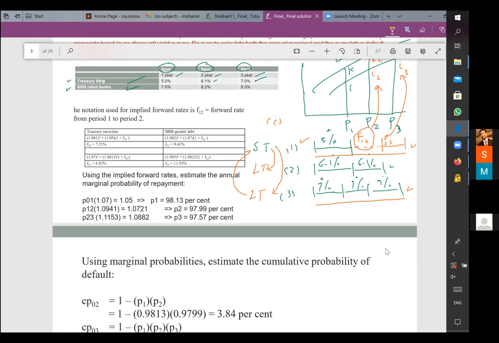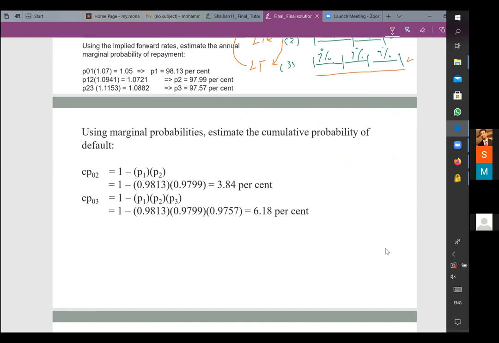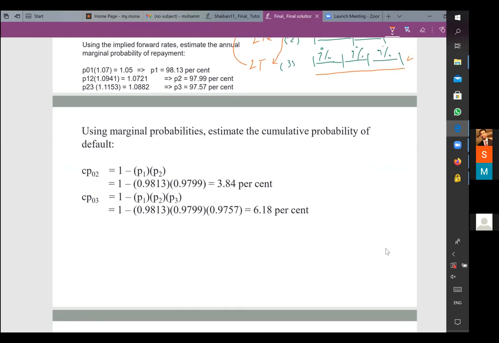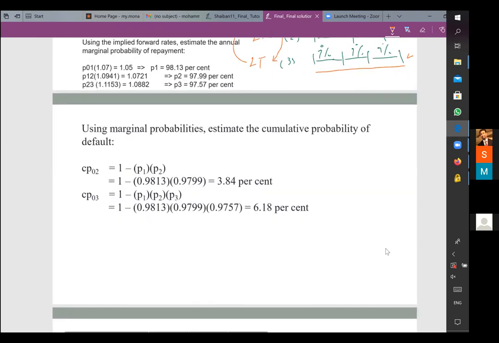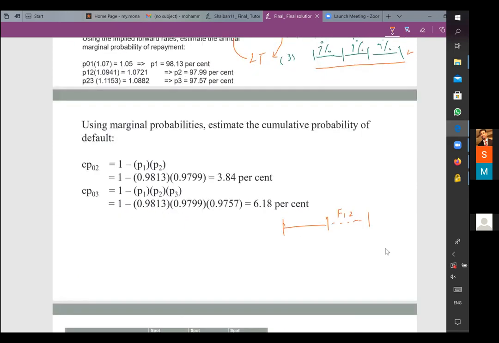Therefore, if we agree that there is free arbitrage and we cannot make profit, then in this case, we have the short term of 1 year, which I know, and the one I don't know, which is F1(2), the forward for year 1, applying in year 2. The 5% I already know.